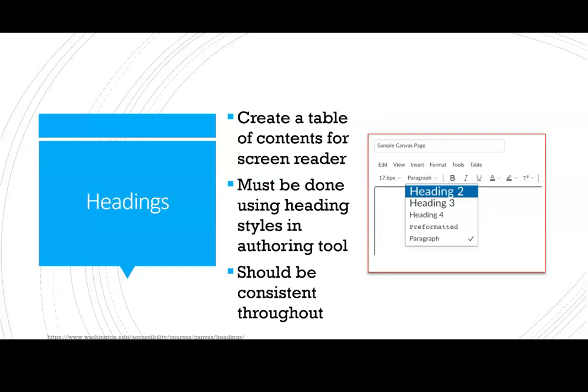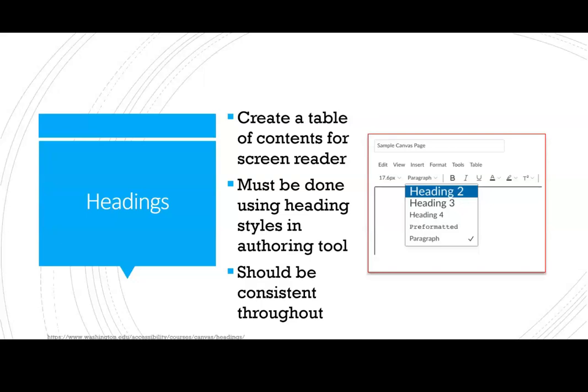So let's talk about headings, and we'll look at how to create headings in a document. Headings are helpful because they create a table of contents, basically, for a screen reader. And just in case, I want to make sure that I'm being clear in defining our terms.